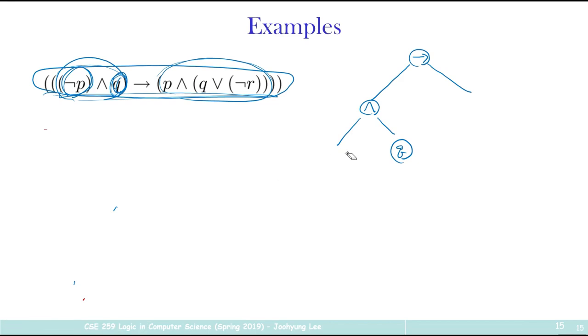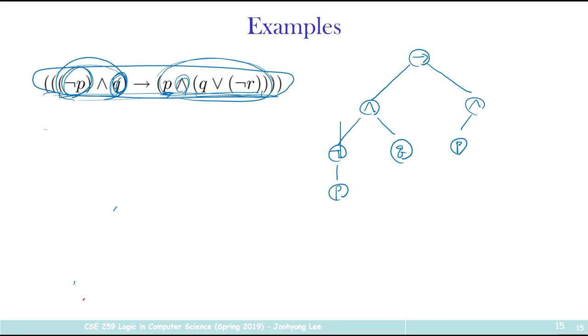So this is negation and P. And on the right hand side we have this formula. The outermost connective here is also conjunction. The left hand side is P, so I write P here.